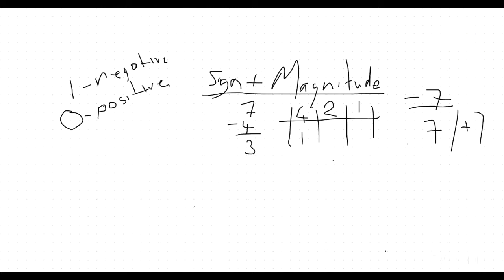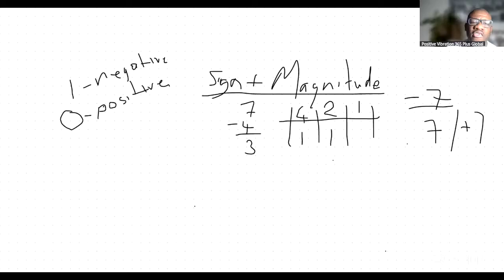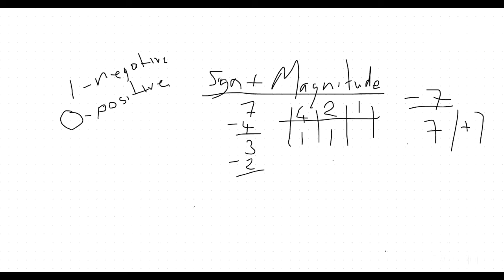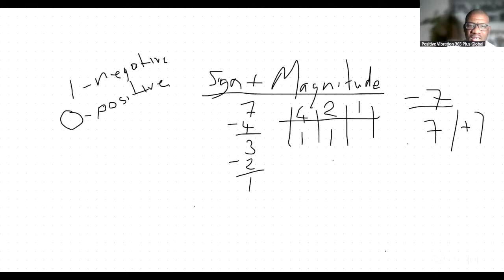Yes, sir. So we put a what? 1. Good. So we take 2 from the 3. We're left with what? 1. Can we get a 1 from a 1? Yes, sir. Therefore, 7 is 1, 1, 1. Everybody agree with that? Yes, sir.